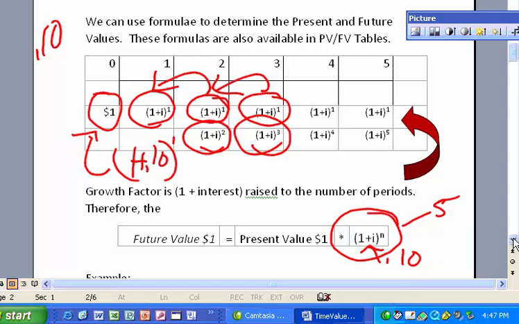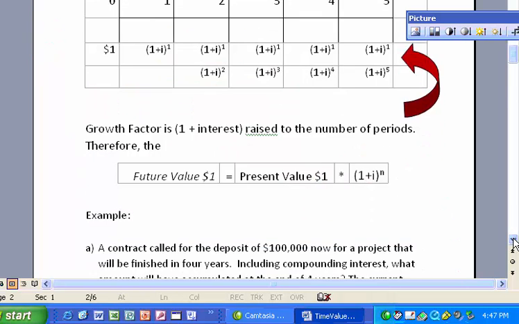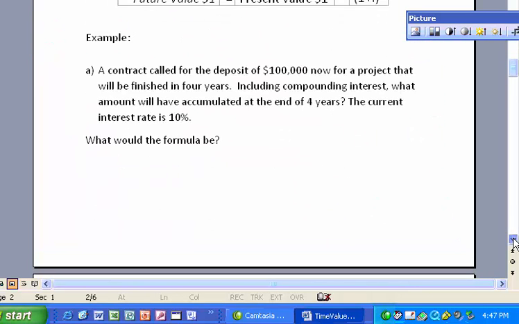Then you'd have 1.10 raised to the 5th power times the present value. What you have to remember is all these formulas are based on a single dollar, so that's why we have to multiply it times the present value. Let's move on down a little bit lower, and we'll see this in practice.